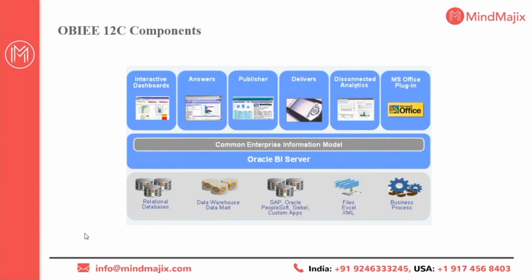The next component is BI Delivers, which is responsible for active monitoring and scheduling of reports. So let's say that we want our salesperson to be alerted every time the sales or the revenue for a particular product is going above or below a forecasted or a threshold value.